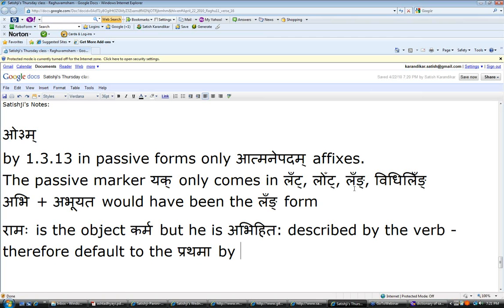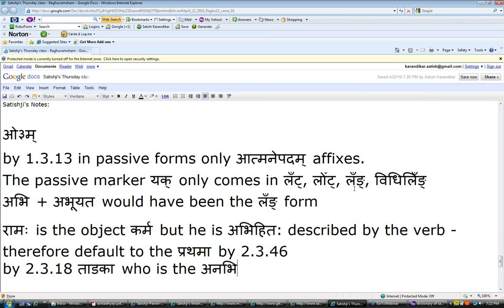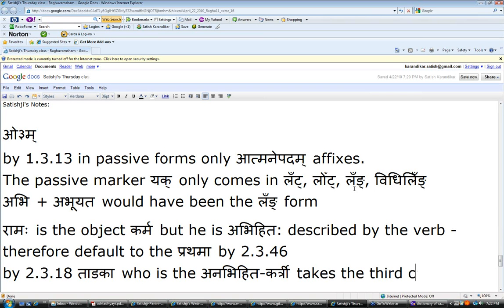The karma becomes abhihita, and then by 2-3-46, and by 2-3-18, Tataka, who is the anabhihita karta, kartri I should say, she is anabhihita. She takes the third case by 2-3-18. Okay, so one time we've done this.